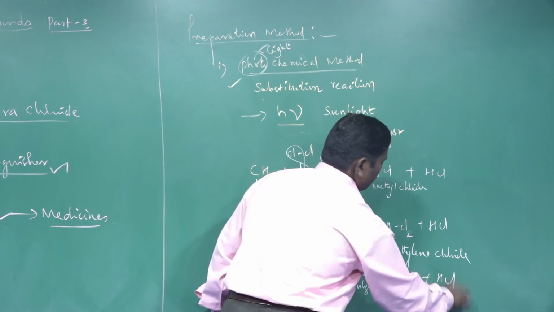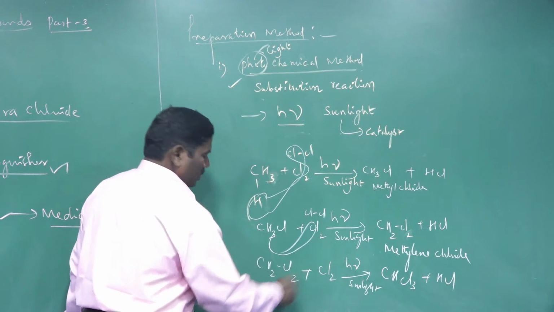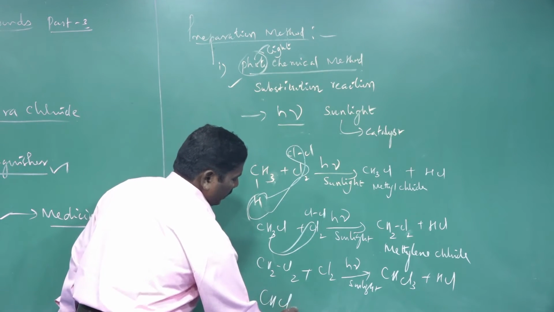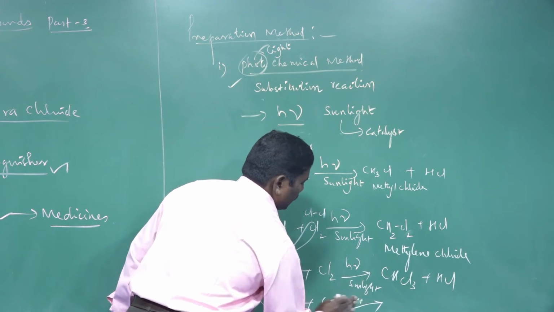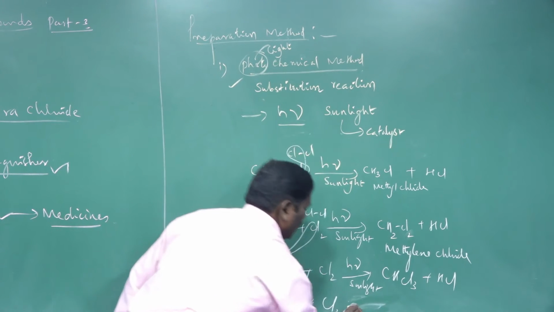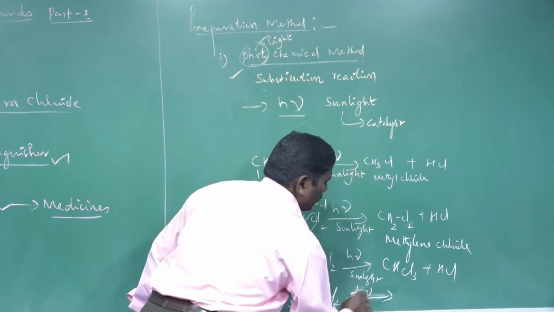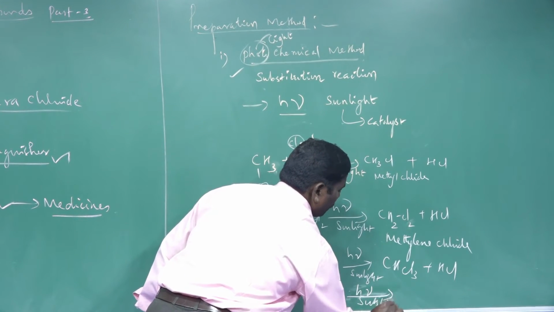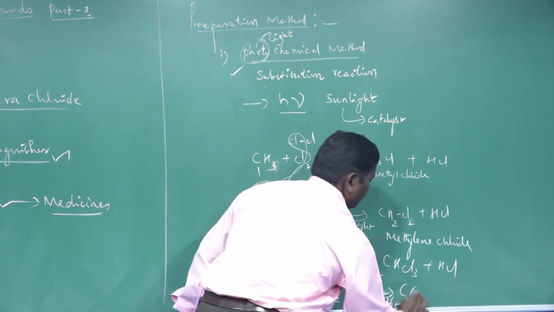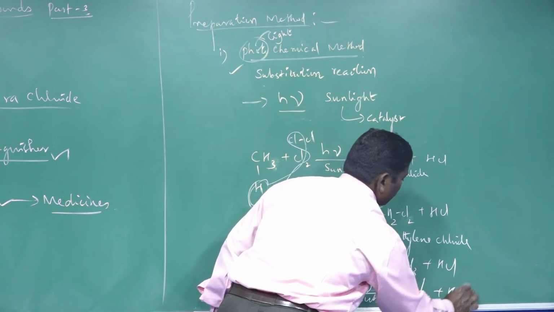The product formed is CHCl3 plus HCl. Now chloroform, CHCl3, plus Cl2, with the same sunlight, hv. The product formed is CCl4 plus HCl.